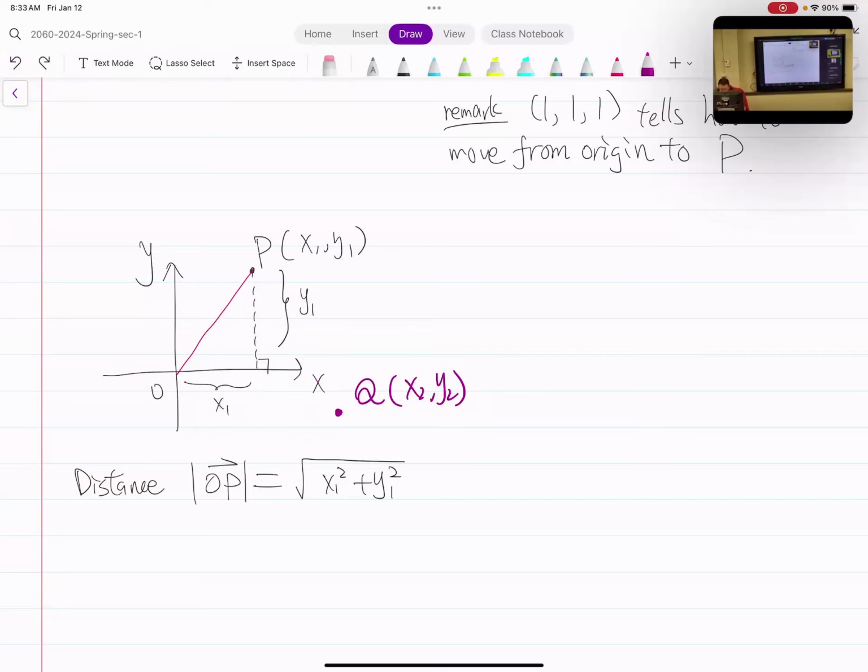Okay, so now what happens in 3D? So in 3D, we have one more coordinate. So let's say the point P is the point right here. And we have 3 coordinates, x1, y1, z1.